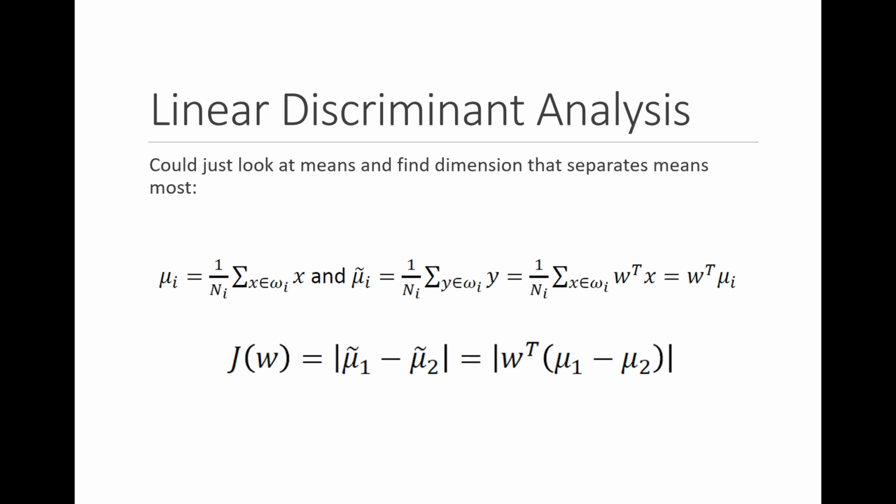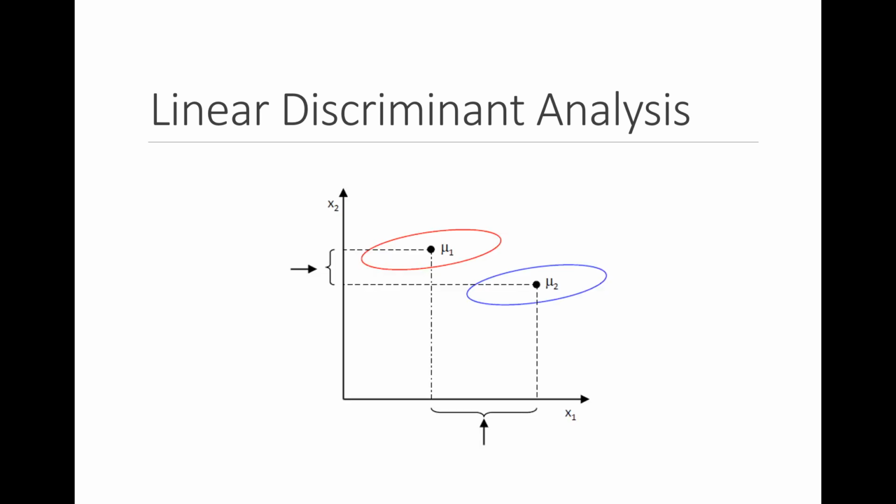What are you trying to take over here? You are trying to keep the means of the 2 different classes as far apart as possible. So the difference between the 2 mean values becomes your criteria. But not only the mean: if you take just the mean value, you have a disadvantage over here. All this red ellipse belongs to one category, and the blue ellipse belongs to class 2.